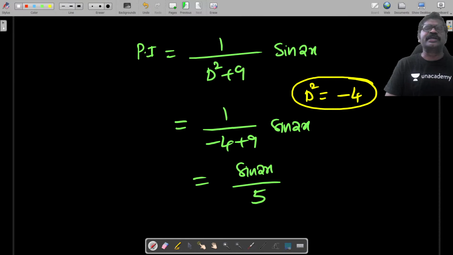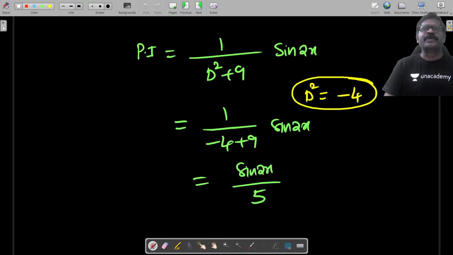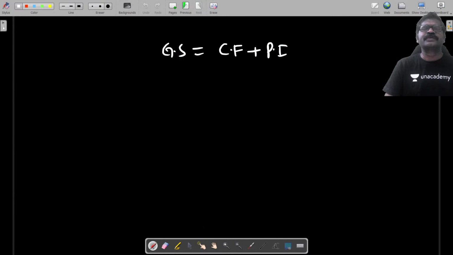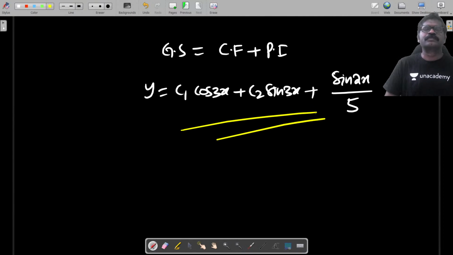The general solution is complementary function plus particular integral. y is equal to c1 cos 3x plus c2 sin 3x plus sin 2x by 5.